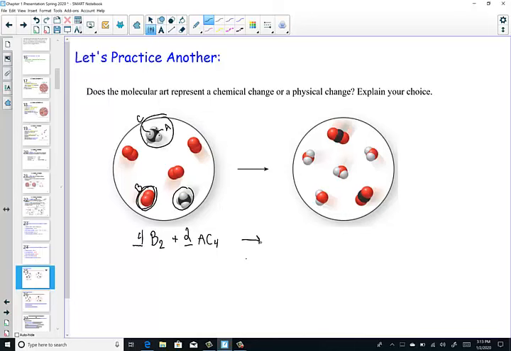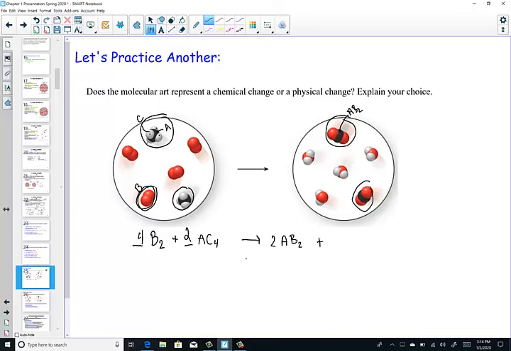Now let's see what's happened on the opposite side. It looks like the atoms have now bonded differently. Here is that black mottled atom I called letter A, but bonded to it now are 2 atoms of what I called the red, letter B. So I have A bonded to 2 atoms of B, and I'm counting 2 of those over here.